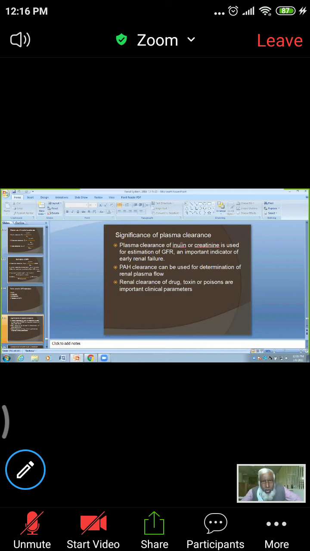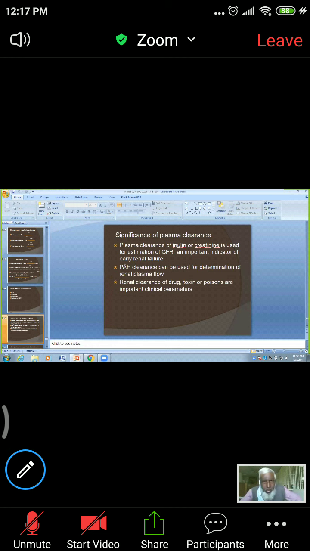Next, come to the significance of plasma clearance. Plasma clearance of inulin is used for estimation of GFR, which is an important indicator of early renal failure. That means we can detect early renal failure by estimating GFR, that is, by estimating the plasma clearance of inulin or creatinine.